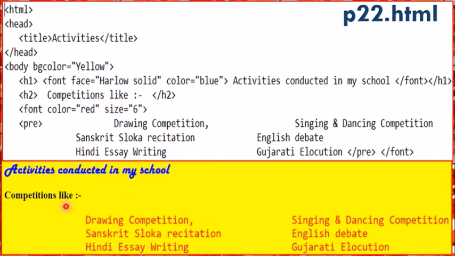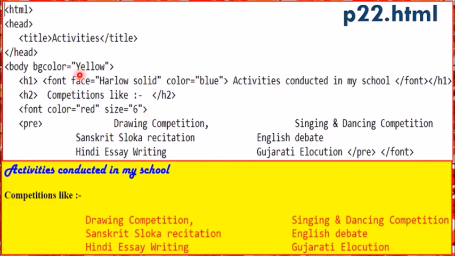Next, within the heading 2 tag, competition like is mentioned. Then, all 6 names of the competitions are written within the pre-formatted tag to preserve the formatting, and they are written with red color and font size as 6.